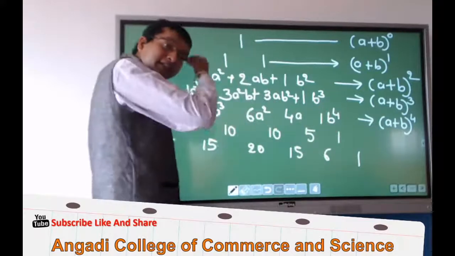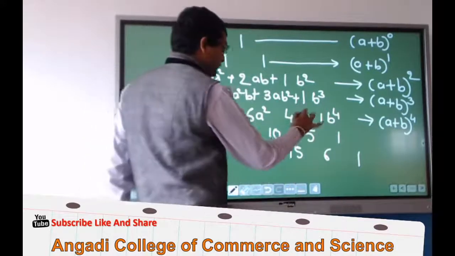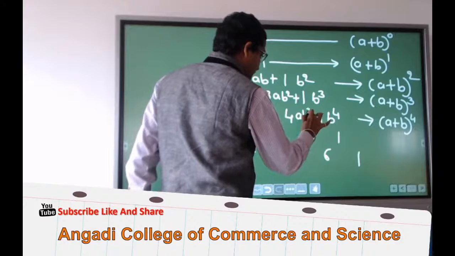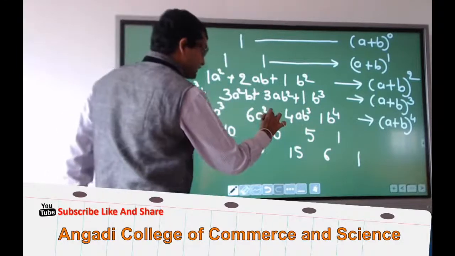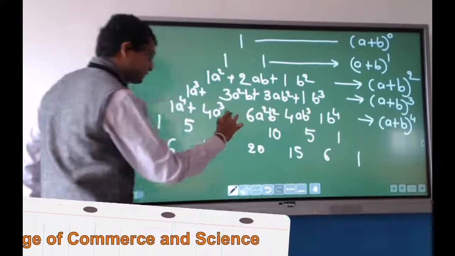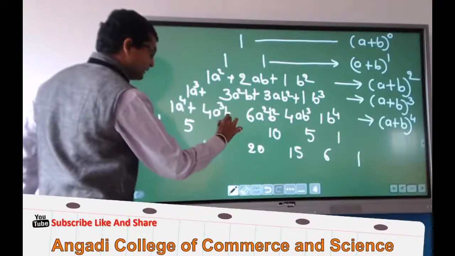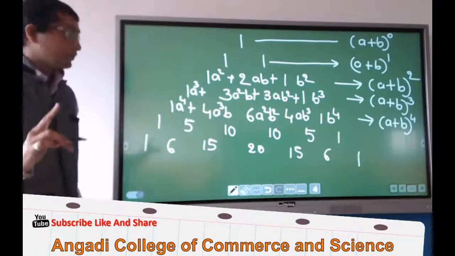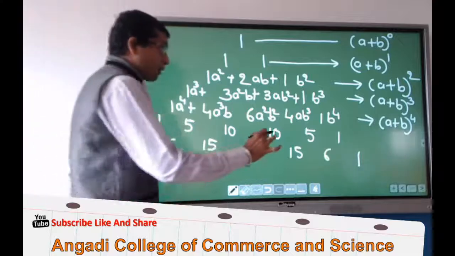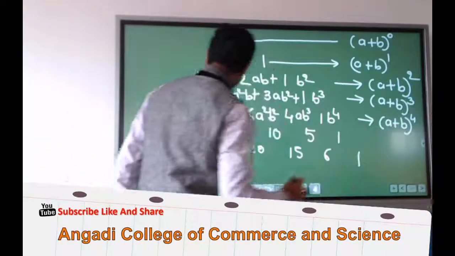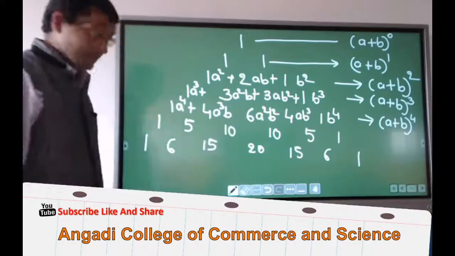And we have b raised to 4. Go on decreasing towards the left side. We get b raised to 3. Next b square. Next it is b, and b raised to 0, we get it as a 1. So for the formula of (a plus b) raised to 4, in the middle we have to assign plus signs.